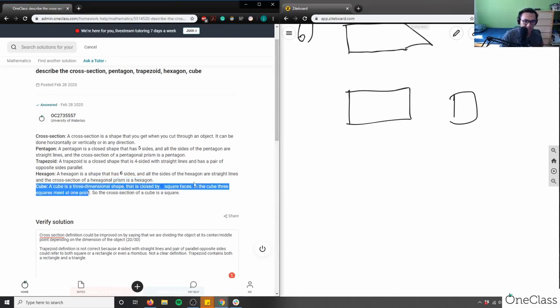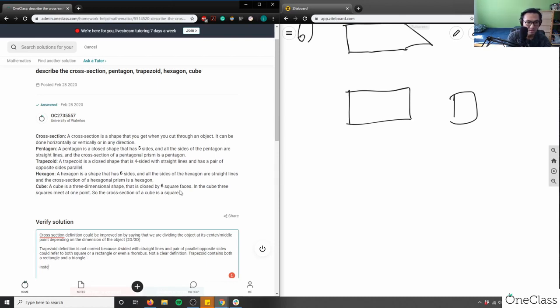In the cube, 3 squares meet at one point. I don't like the sentence, to be honest. They should have said instead, I'm going to replace it with 3 sides that bisect at one point, which is in the middle, in the center of the cube, and then this cross-section would give you a square.